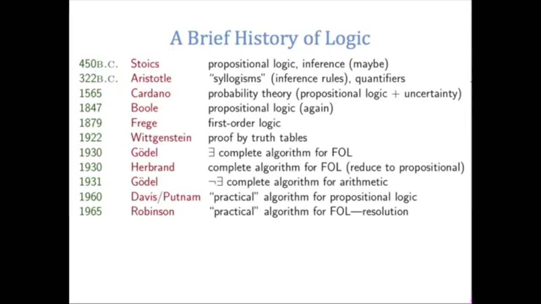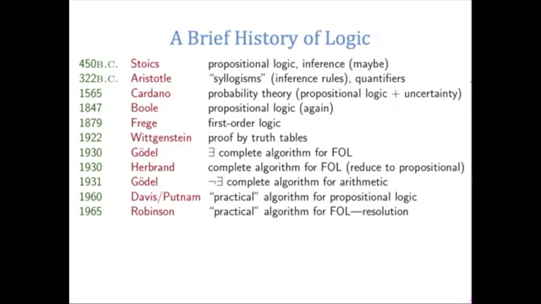Gödel showed that there exists a complete algorithm for first order logic. That is, given a set of propositions, you can find a proof. Herbrand showed also a complete algorithm.